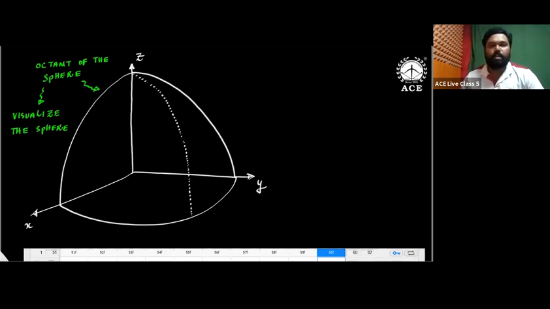Visualize the sphere. I want to locate some particular point P here, beta. Please be focused. If I want to locate some particular point P here, it will have 3 coordinates: r comma theta comma phi. What is this r? R is the radius.